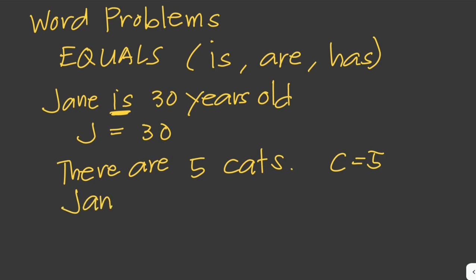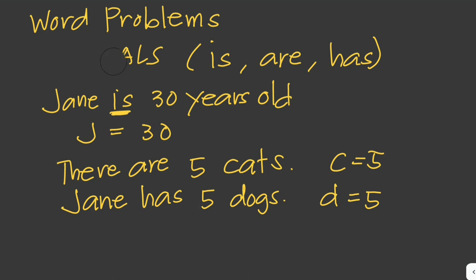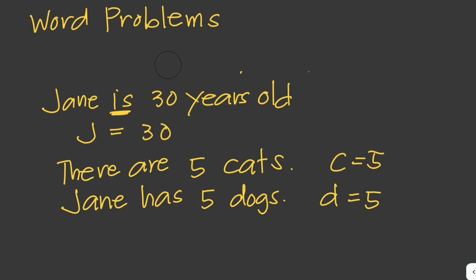Or for example, Jane has 5 dogs. You can write this as D equals 5. Okay, so those are the keywords for equals.